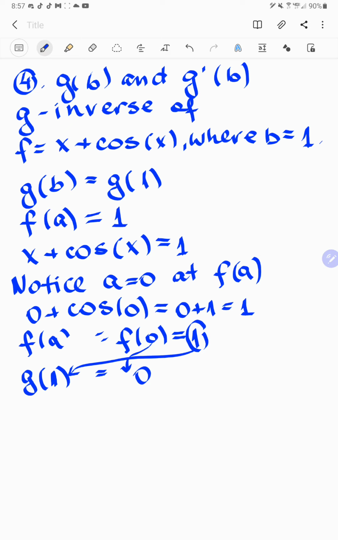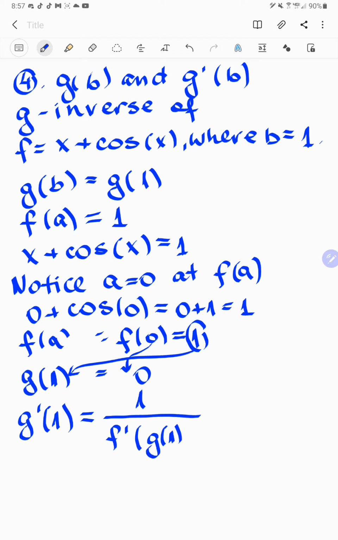And then we'll be using the formula for the derivative of the inverse function, which is g prime at 1. We can find out by evaluating 1 over the derivative of f at g of 1. So let's find f prime first. F prime is the derivative of f, and our f function is right here. So the derivative of that would be 1.